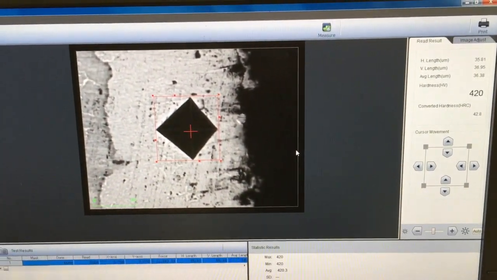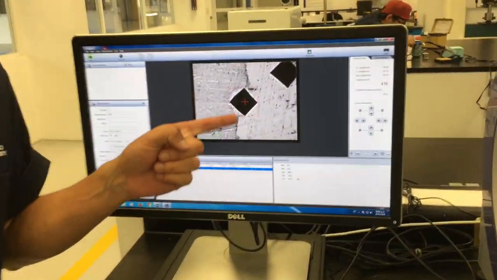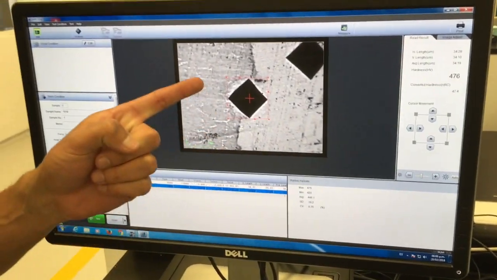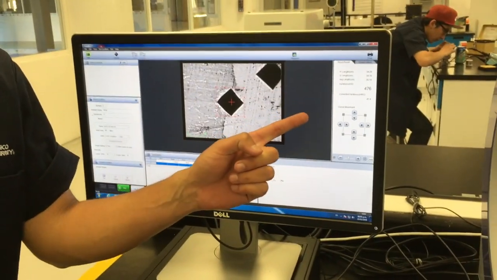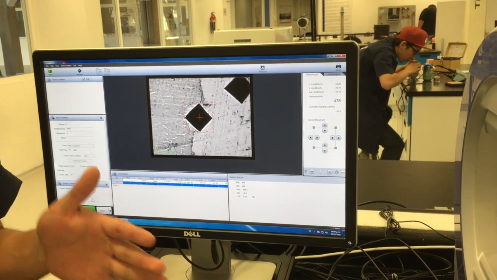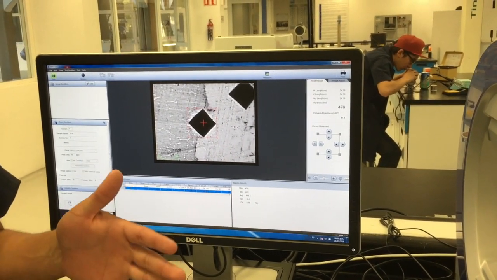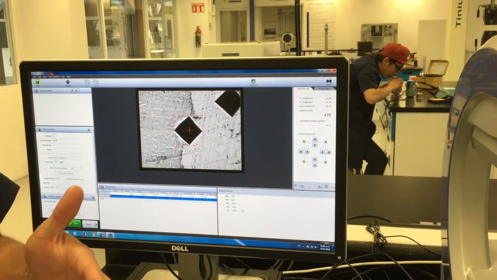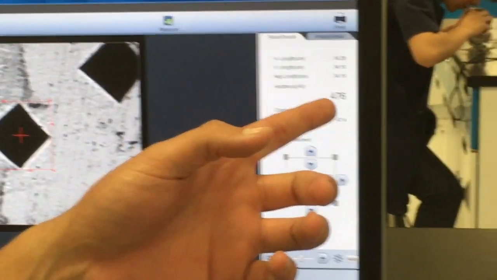This is the second test that we made in the first sample. As you can see here, the hardness that we have in the middle of the layer between the carburized part and the normal part is 476.